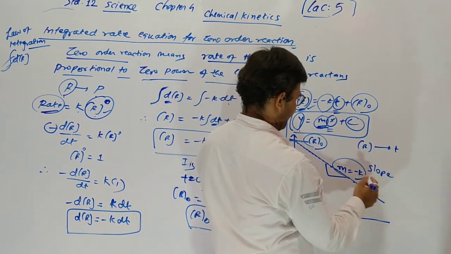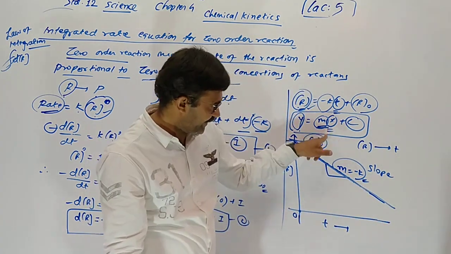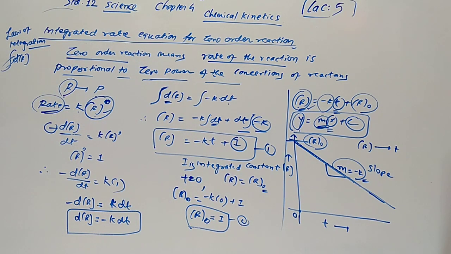Here the slope is negative. Why? Because the graph is decreasing, the slope will be negative. So we can derive the value of k from the graph. Yes, so the integrated equation is more convenient than the differential rate equation. Understood?